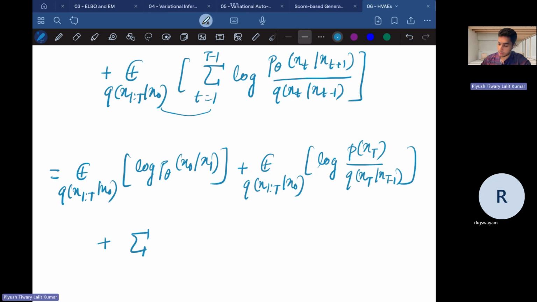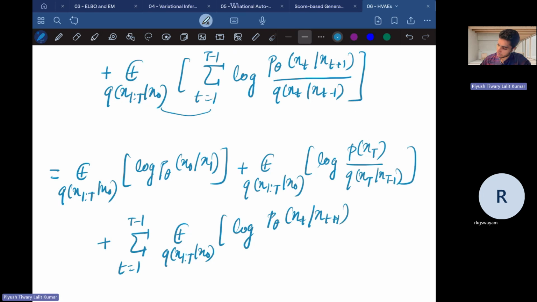This is summation over t equal to 1 to capital T minus 1 of expectation under q x1 to T given x naught of log of p theta of xt given xt plus 1 divided by q of xt given xt minus 1.